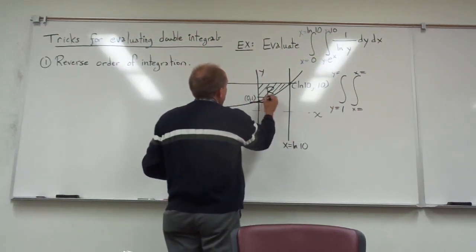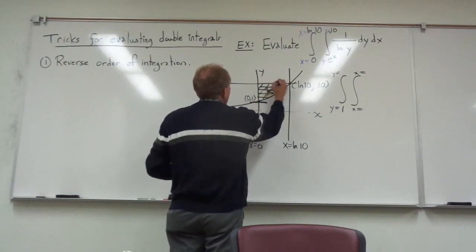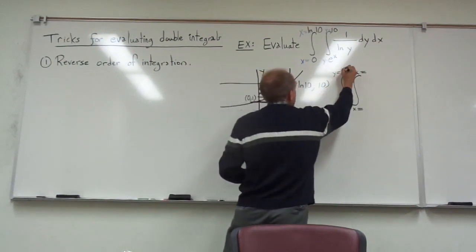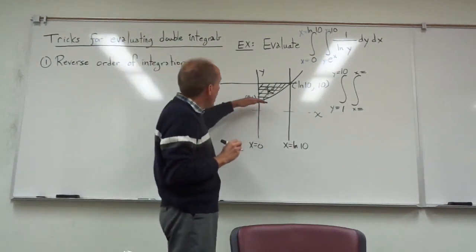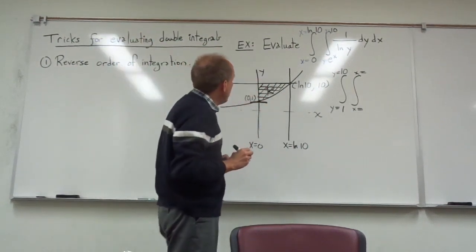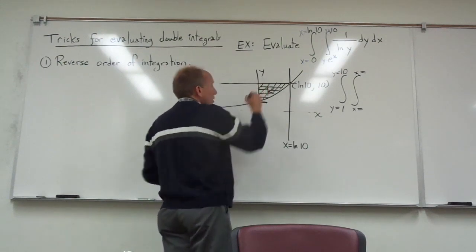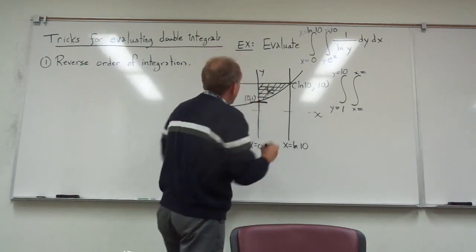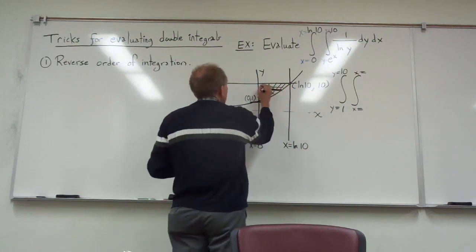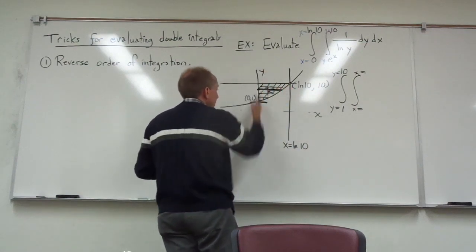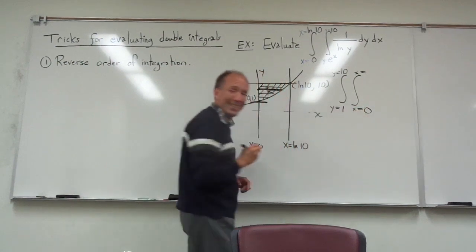And now we're going to go up until we get to y equals 10. So the outside limits would be y from 1 to 10. Then if I stand somewhere with a y value between 1 and 10, and I look in the x direction, let's say right here, notice that I start integrating right here at x equals 0.